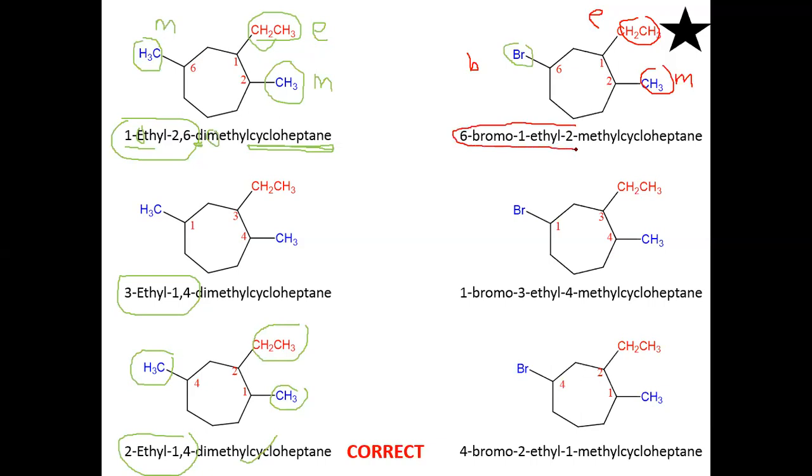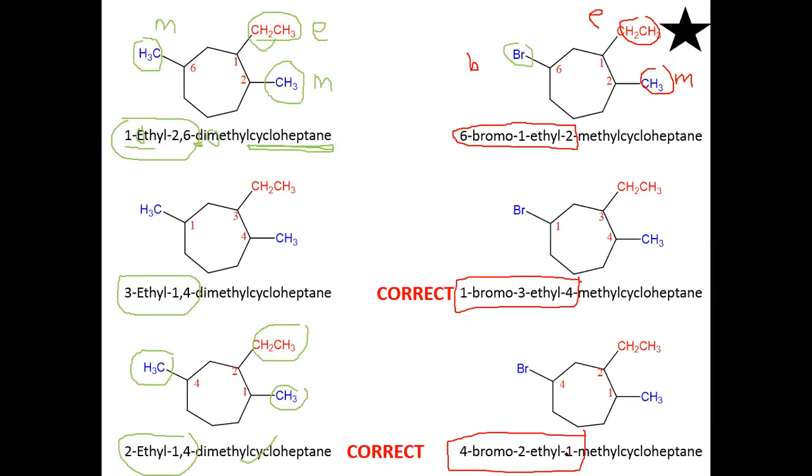So you have 6, 1, 2. You have 1, 3, 4. And you have 4, 2, 1. So mana nombor yang cantik? Okay. So the answer is the second one. This is the correct naming for this compound because it has the smallest number 1, 3, 4.